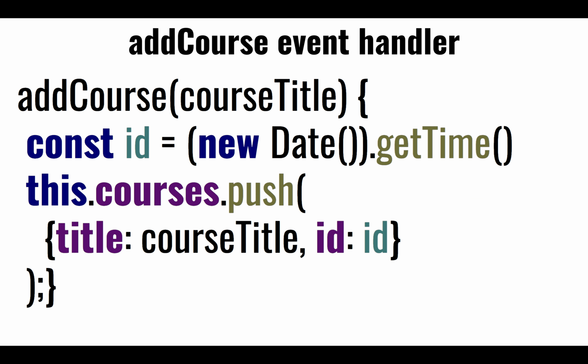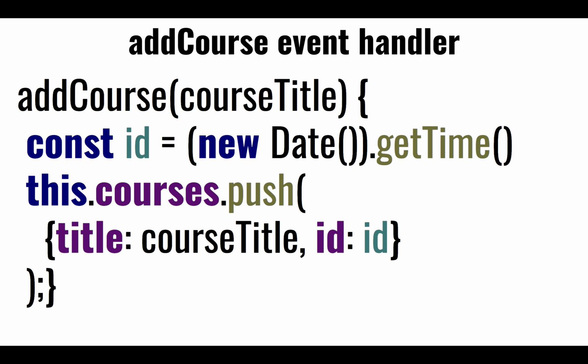And on the controller, we can implement addCourse that takes the title of that course and creates a brand new unique identifier for the course. Notice that it's creating a JSON object with the course title and a new ID. It's going to push it onto the array.